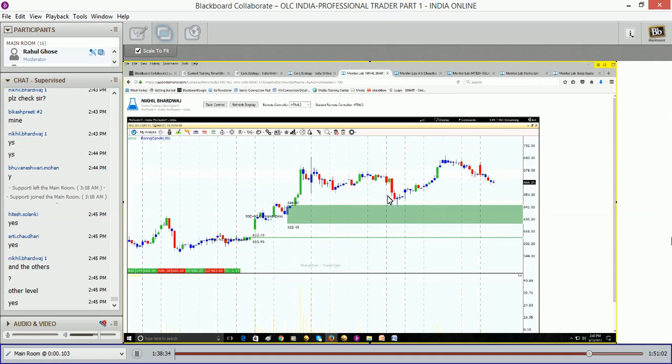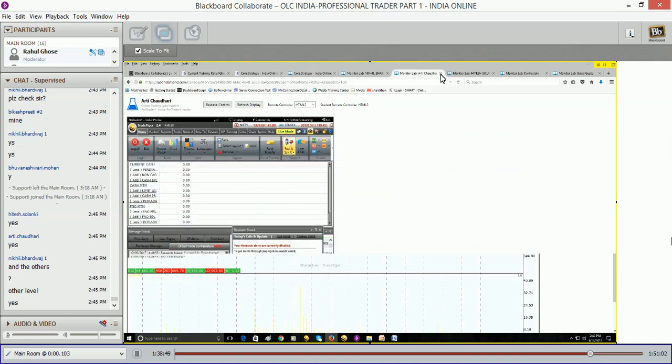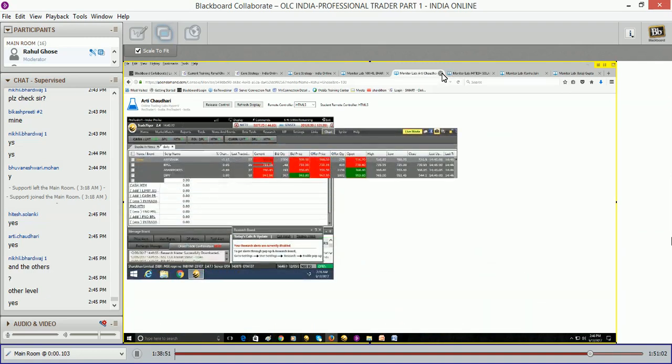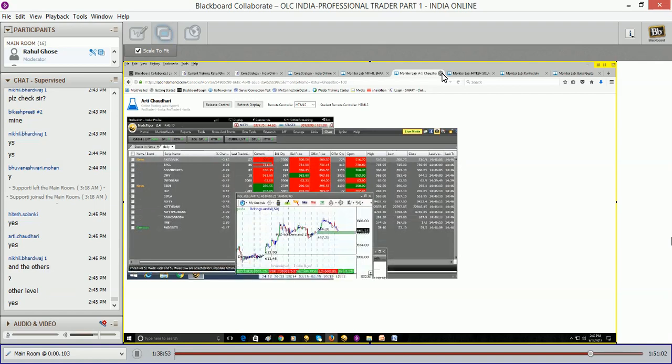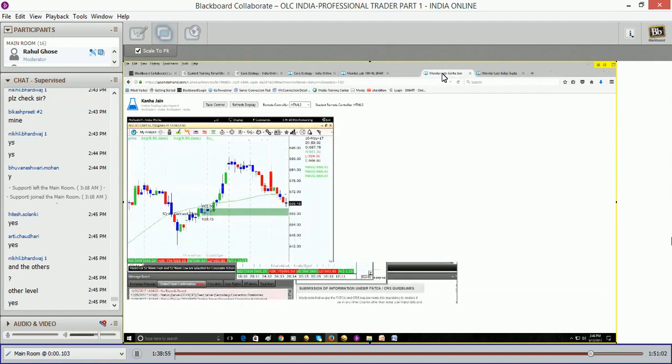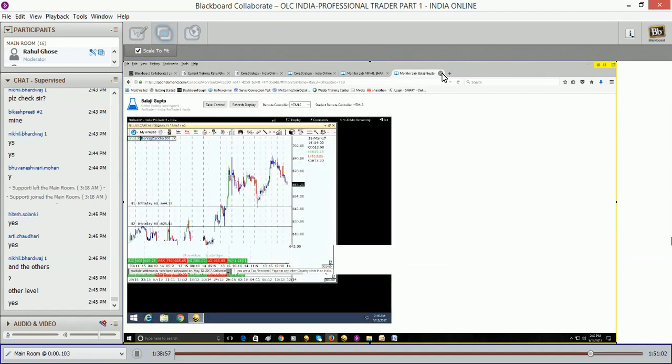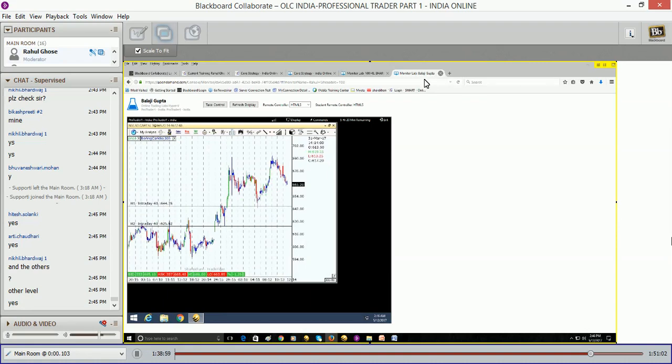This one, can you see prices have come back again here, Nikhil, and again zoomed up? So this is also tested. Hitesh, okay, is done. Monica is done. Balaji, did you understand the rationale on why that was tested?